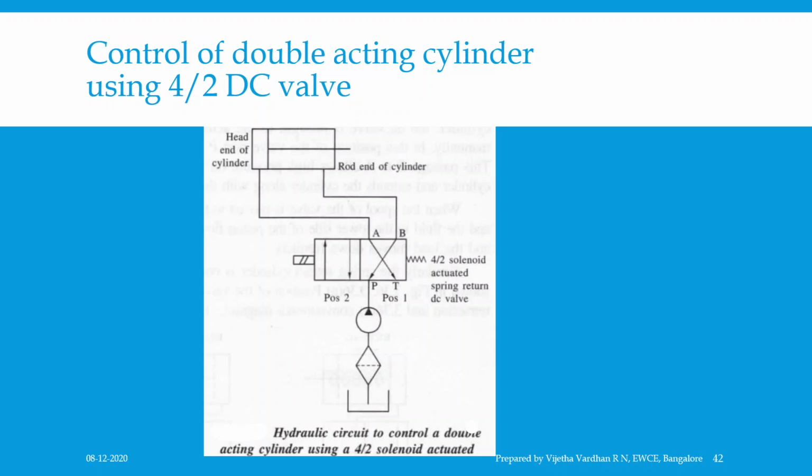Then coming to position 2, which you can see in the figure, when the valve is brought to the actuated position by supplying electrical power to the solenoid, port P is connected to port A and port B is connected to port T. In this position, high pressure oil enters the head end of the cylinder or cap end of the cylinder and low pressure oil flows to tank through port B and T, resulting in extension of the cylinder.